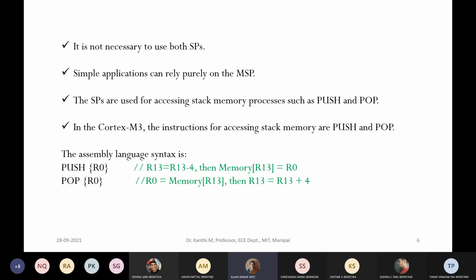So when there is a push, your stack pointer will be decremented by 4, and whatever value you have in R0 will be saved in the stack memory. Similarly, when you do pop, first you pop it out, that is, copy whatever you have in the stack memory onto the specified destination register, then you increment the stack pointer.